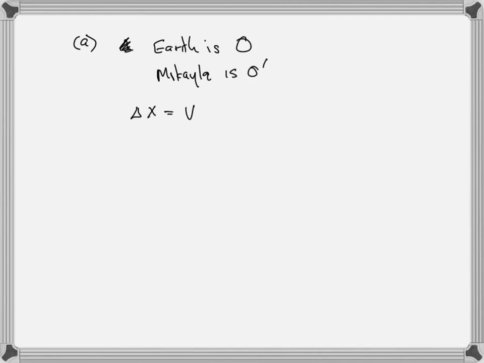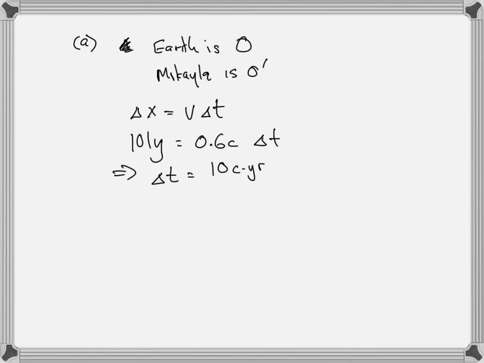According to somebody on Earth, delta x equals v delta t. Distance equals rate times time. Delta x is 10 light years, v is 0.6 c, and I should write 10 light years as 10 c years, so the c's cancel.